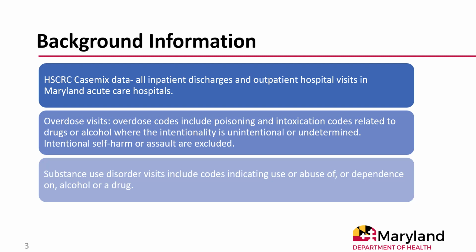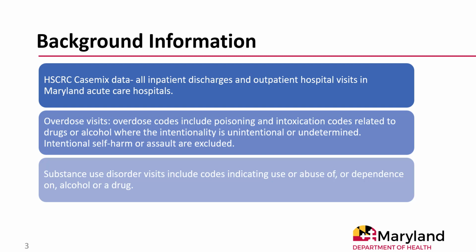The Health Services Cost Review Commission is a state agency that tracks hospital discharge/billing data. The CRISP dashboard contains case mix data for all unintentional or undetermined overdose-related inpatient discharges and outpatient hospital visits, including emergency department visits in Maryland acute care hospitals, based on ICD-9 codes related to poisoning or intoxication.